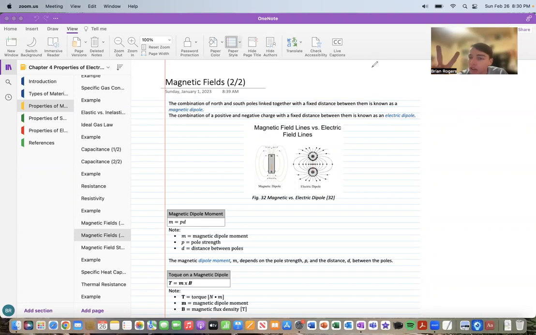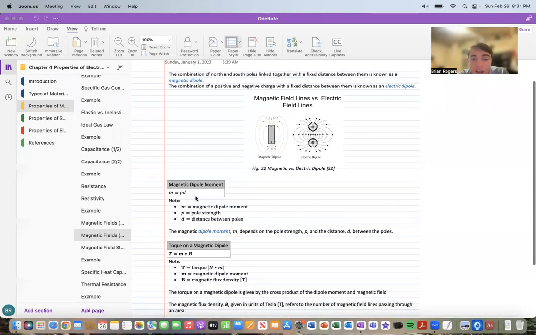Dipole means two ends of the magnet, two charges. The magnetic dipole moment is going to be the pole strength times the distance between the poles. And so it is dependent upon your pole strength and the distance between those two poles. Whereas the torque on a magnetic dipole is equal to your magnetic dipole moment cross multiplied with your magnetic flux density.